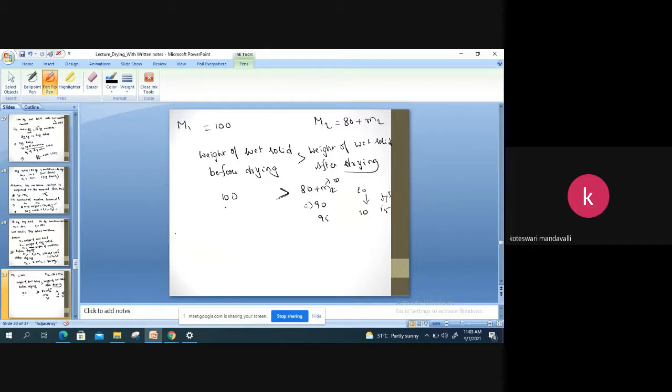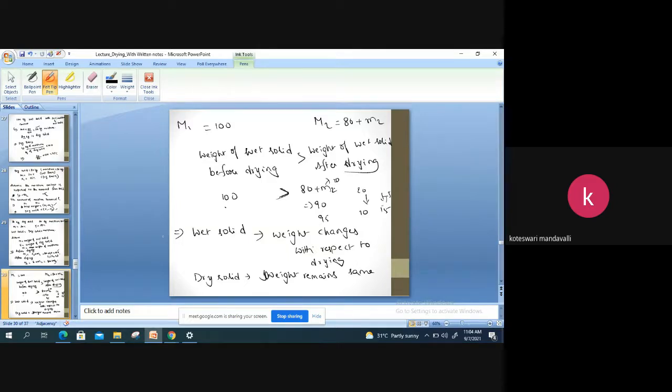So the conclusion is, when I considered wet solid, the weight of the wet solid changes, right? So weight changes with respect to drying. Whereas if I consider dry solid, the weight remains the same before and after drying.